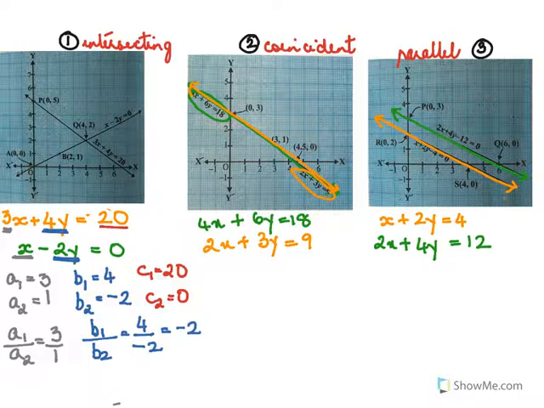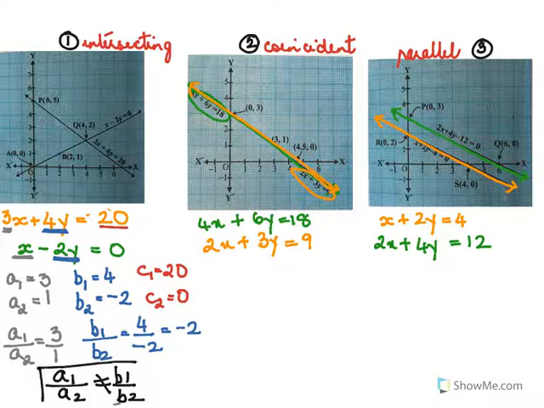So here I have realized that a1 over a2 is not equal to b1 over b2, because a1 over a2 is 3 and b1 over b2 is minus 2. If I get this condition, if a1 over a2 is not equal to b1 over b2, I can say that the lines are intersecting.